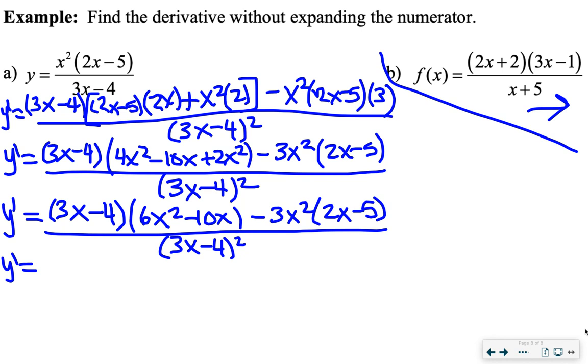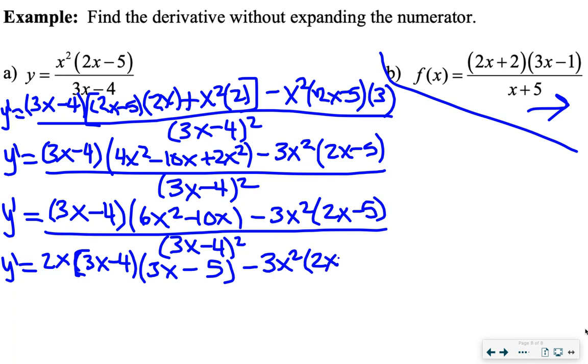Well, from that 6x squared minus 10x, I can take out a 2x. 3x minus 5. You know what, let's actually expand that last little bit there.